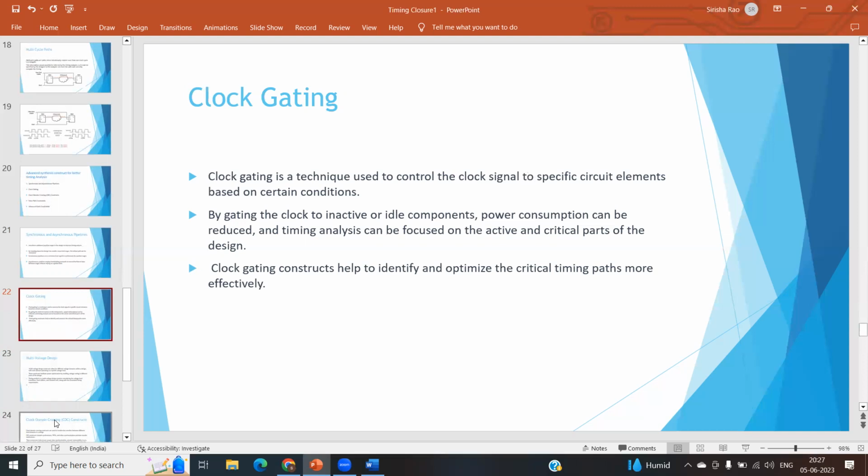By gating the clock to inactive or idle components, power consumption can be reduced, and timing analysis can be focused on the active and critical parts of the design. Clock gating constructs help to identify and optimize the critical timing paths more effectively.